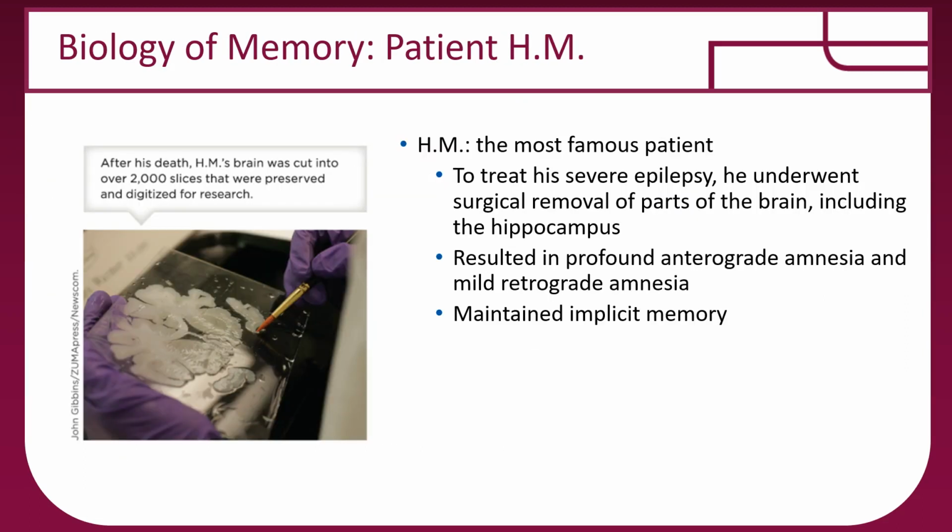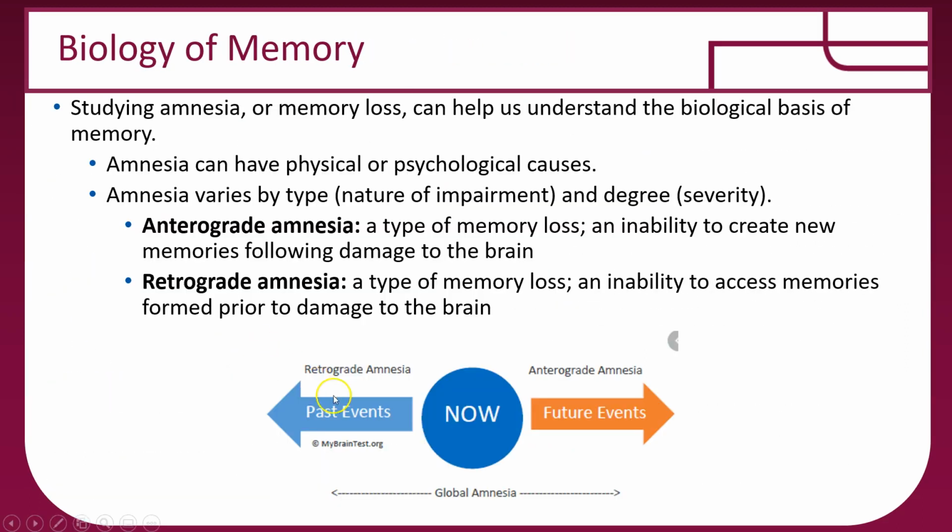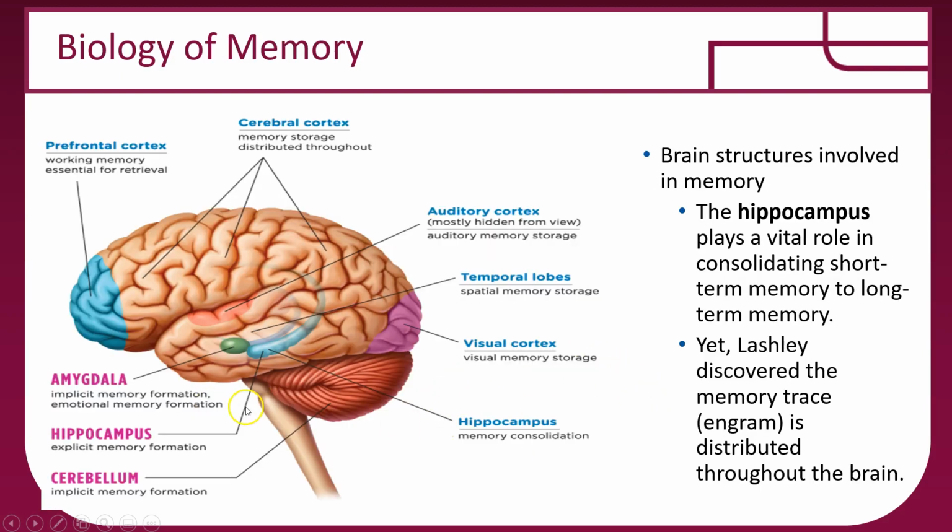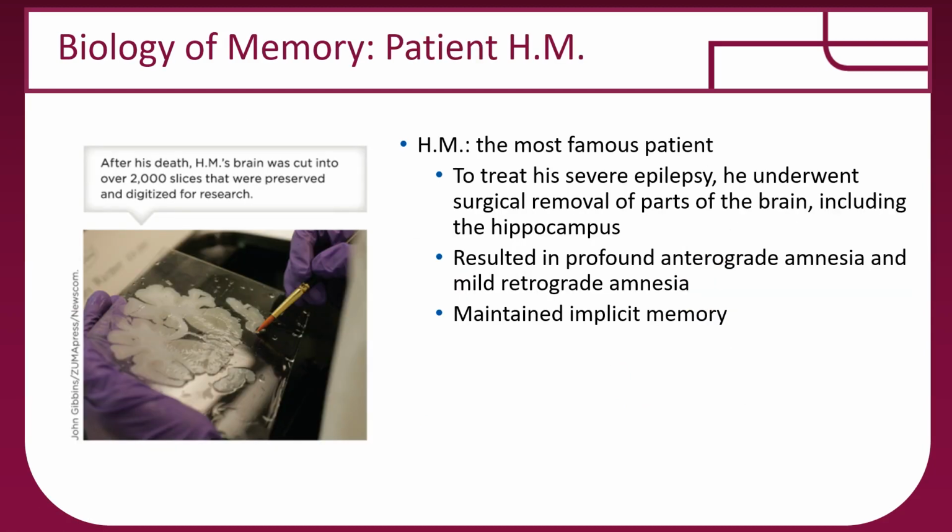He could not create any new memories. He couldn't move anything from short-term to long-term memory. And we said the hippocampus is important in consolidating short-term to long-term memories. How do we know that? Very much from patient HM. He had a little bit of retrograde amnesia, but it was really the profound anterograde amnesia that was so striking. And he also maintained his ability to learn new implicit memories, new procedural memories.